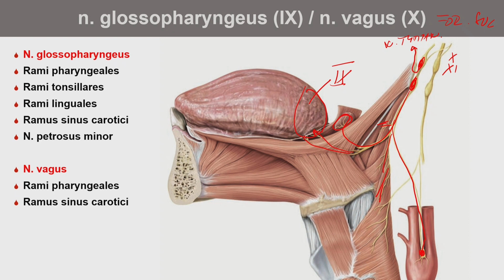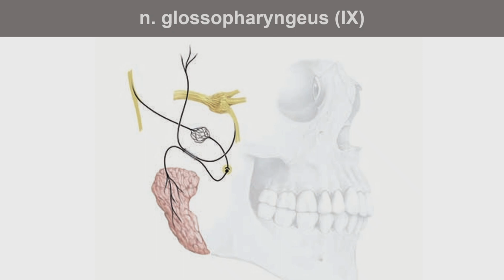So those are important territories and functions of this. Then vagus is a little bit different, but very similar in function and more distal in the human body.